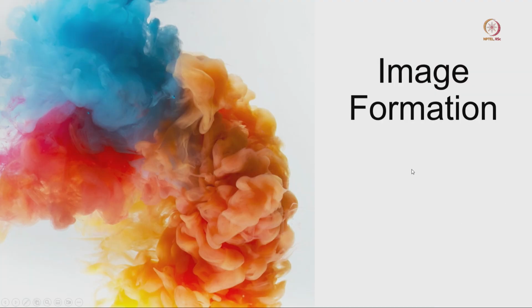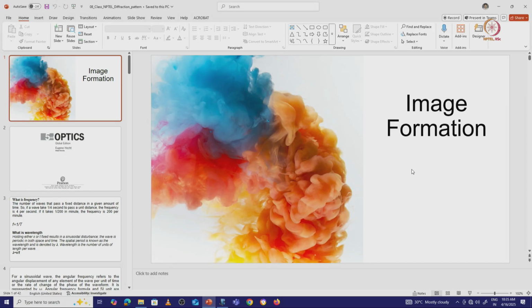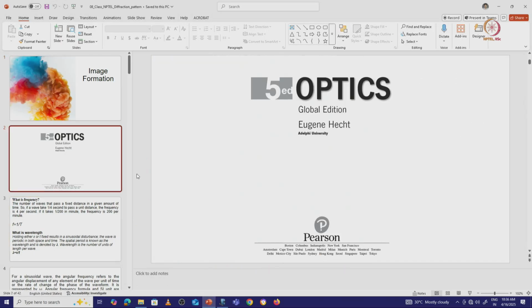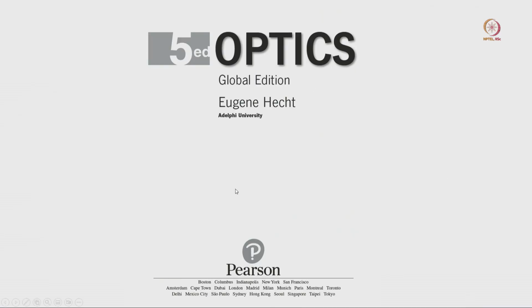I will just use the notepad. Let me show you one thing: for the next 2-3 classes, whatever I am going to focus on is mostly taken from this optics book by Hecht. If anyone is interested and wants detailed knowledge about the diffraction pattern, different types of diffraction or Fourier transform, they can go through that.